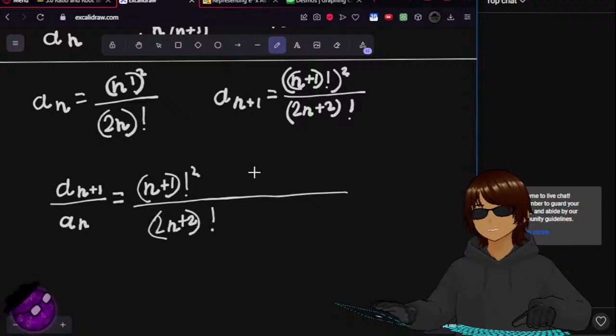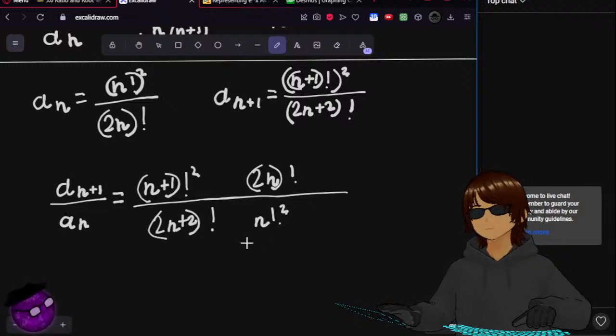This would be reversed. So we have 2n factorial and this n factorial squared.